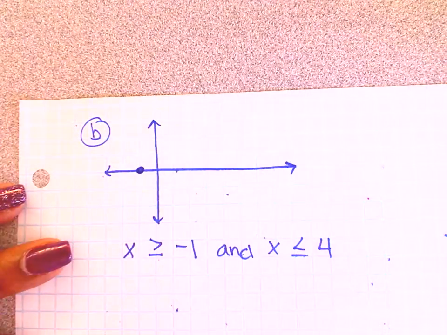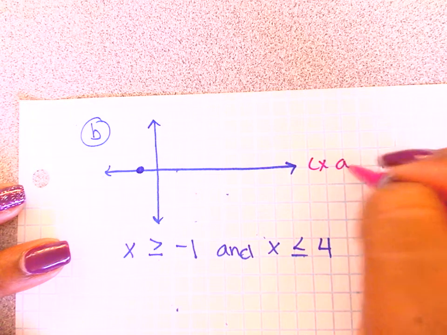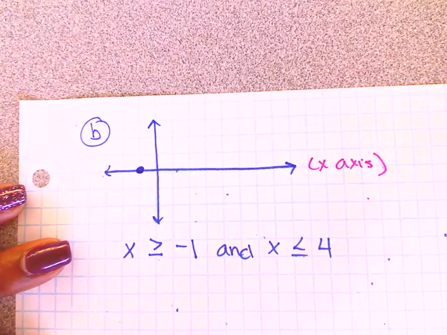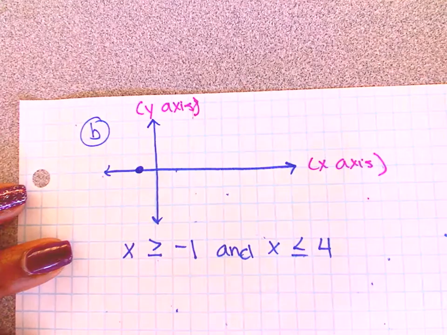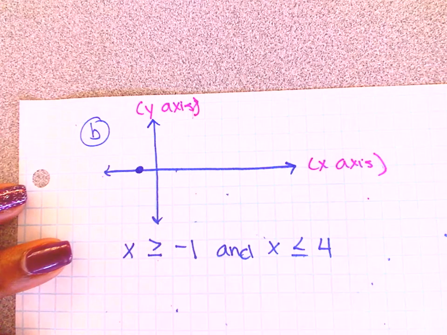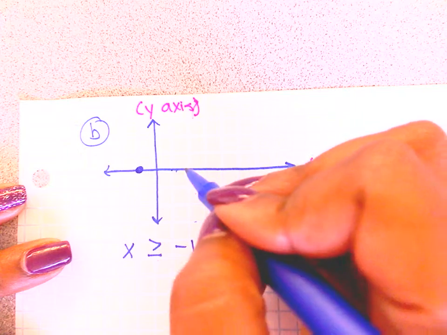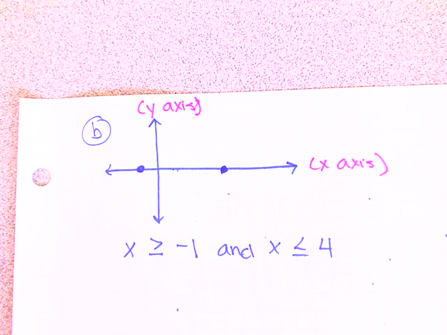Remember the x-axis is the horizontal line, and this is the y-axis. Want to label those to remember. And x is less than or equal to 4. So 1, 2, 3, 4, right here.